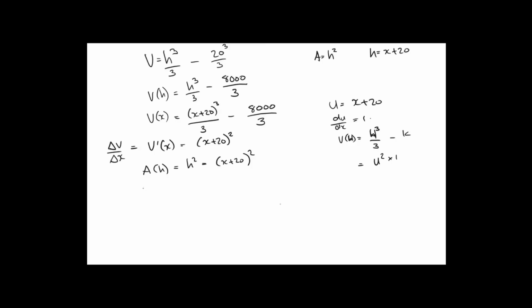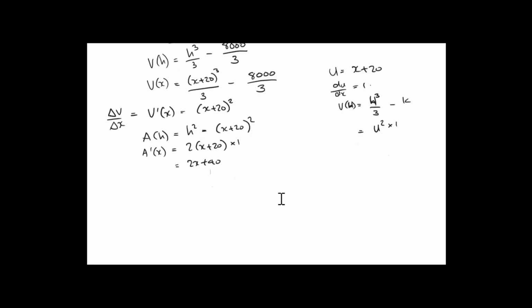The change in A with respect to x is going to be, what is it, 2 times x plus 20 times 1. This is going to be 2x plus 40. Fantastic. And we have enough to go now, I think.